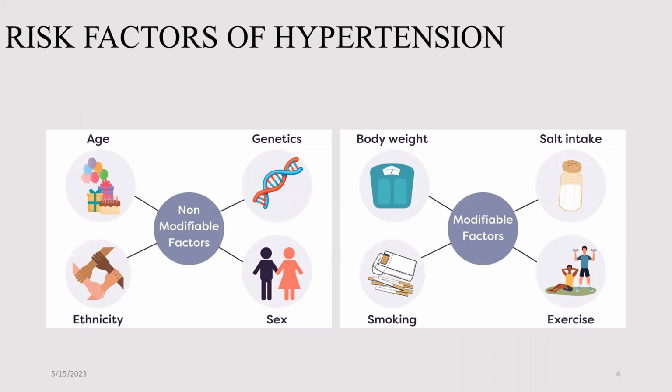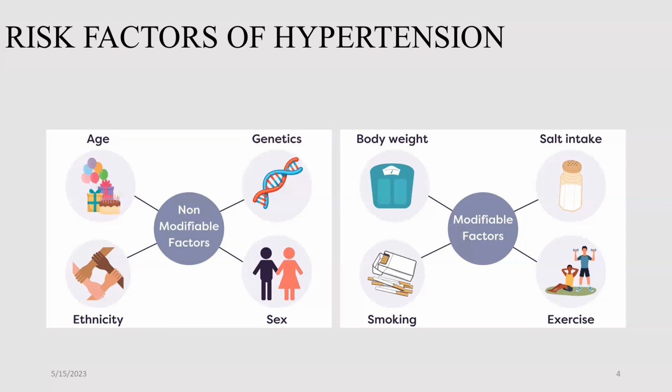Now, risk factors of hypertension could involve the age of the person. People who are aging, it could make your blood vessels less elastic. That means exposing you to the complications of blood pressure.